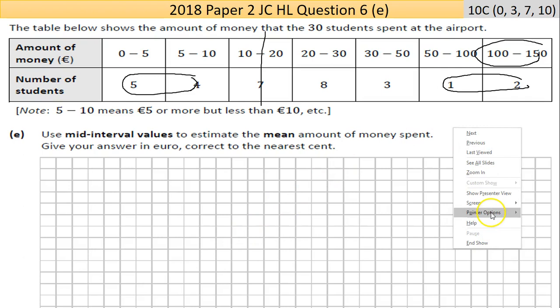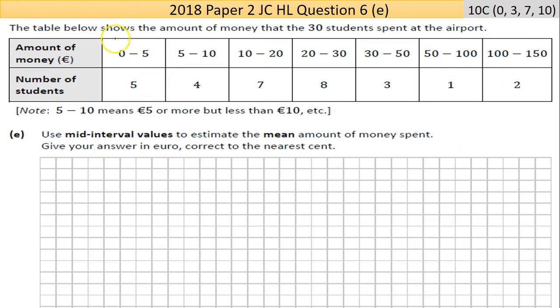Now our mid-interval value is the halfway point between 0 and 5. Remember, the trick with understanding a grouped frequency table is simple. Those 5 people could have spent no money, or they could have spent almost €5.